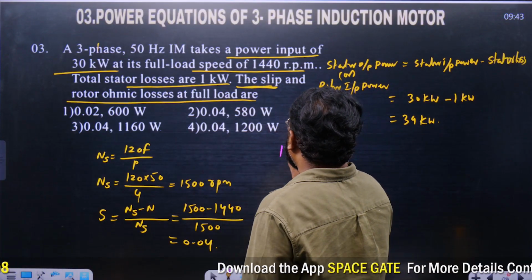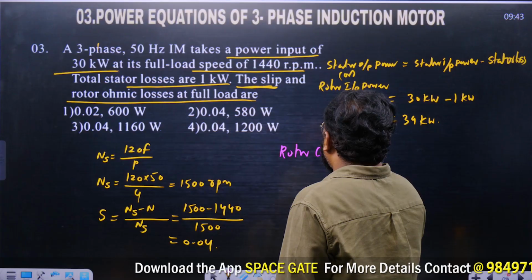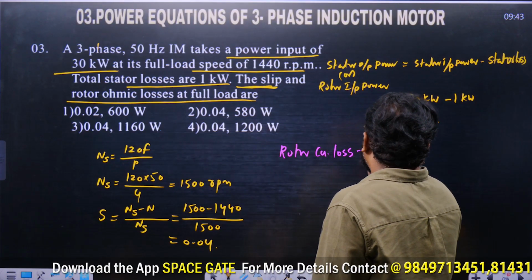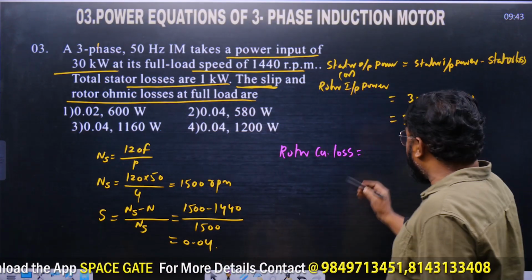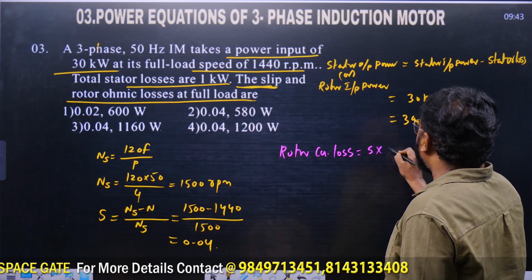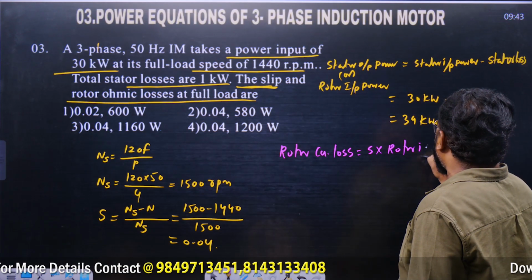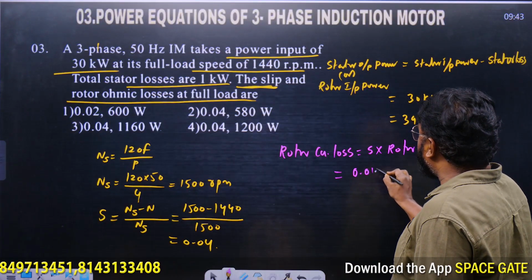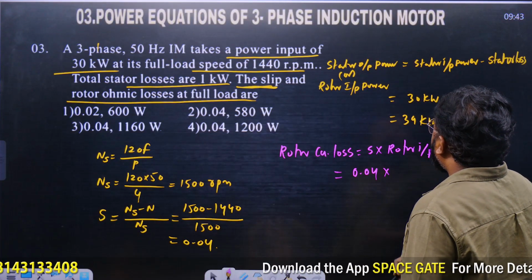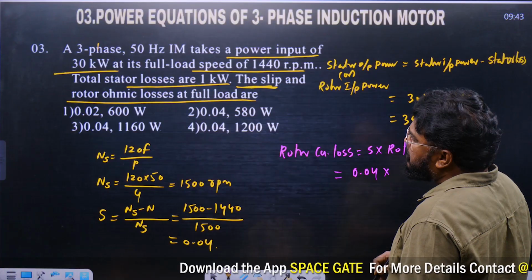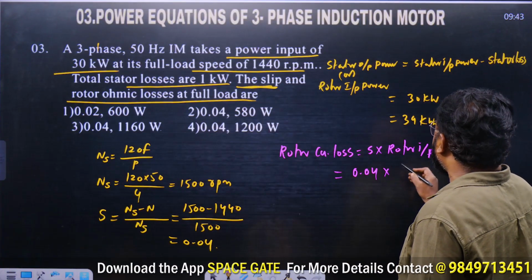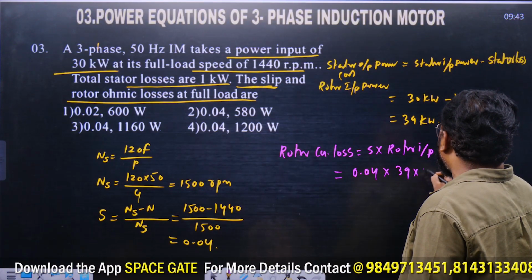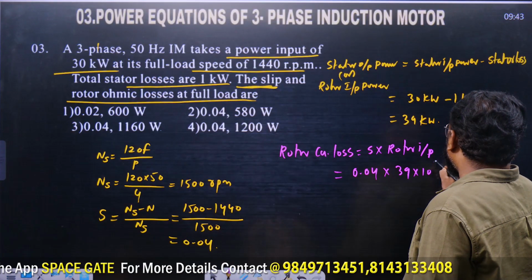How do we calculate the rotor copper losses of the motor? The rotor copper loss is equal to S into the rotor input power of the motor, where S is equal to 0.04, multiplied by the rotor input power. So the rotor input power is 29 into 10 to the power of 3.